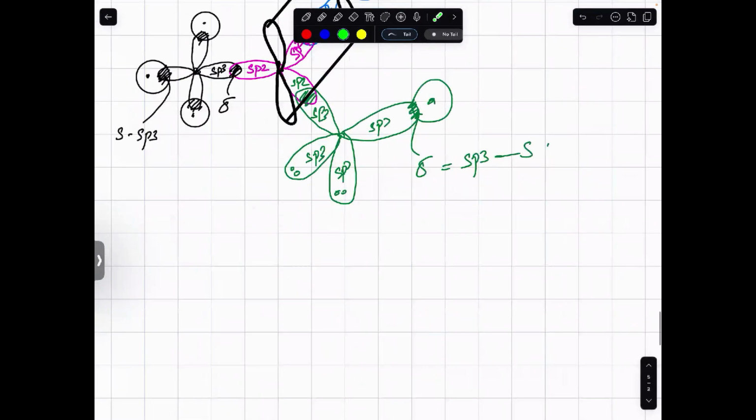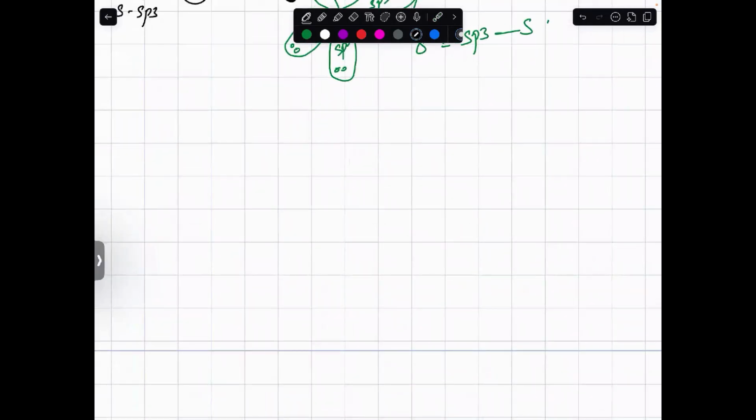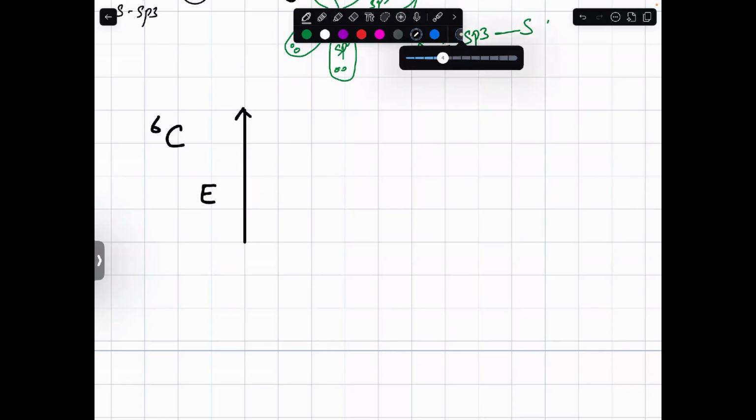Look. For example, I'm going to carbon. This is carbon, atomic number 6, right? This is the energy profile. This is 1s2, this is 2s2, and this is 2p. You know what happens? The electron moves to this. Agree? Yes.